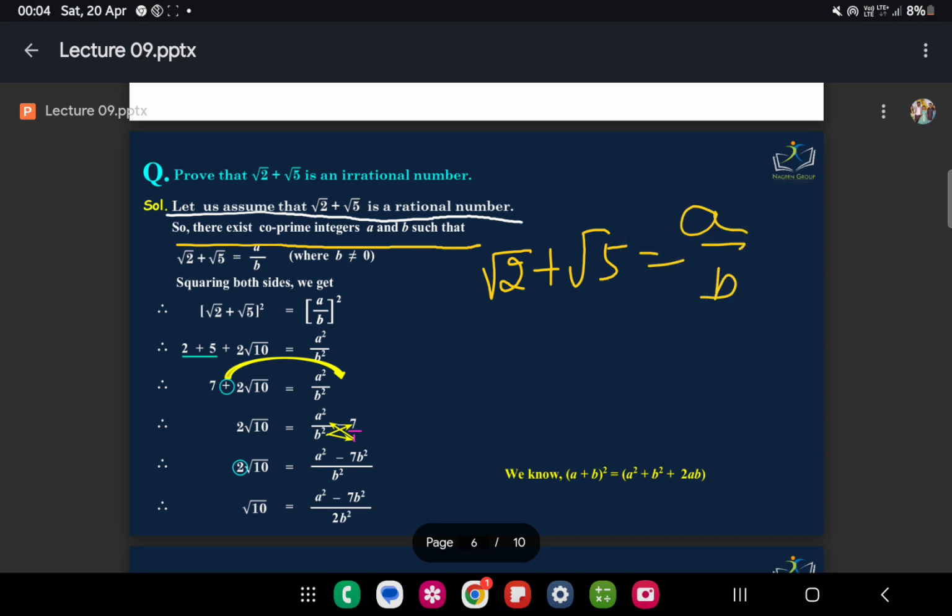Here nothing is there to shift. If plus 2 is there we can shift, or if minus 2 or any number is there we can shift, but here there is no number, both have roots, so we can't shift. But one method is squaring both sides.